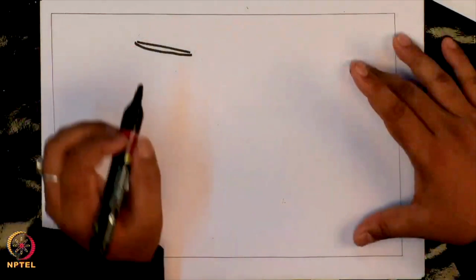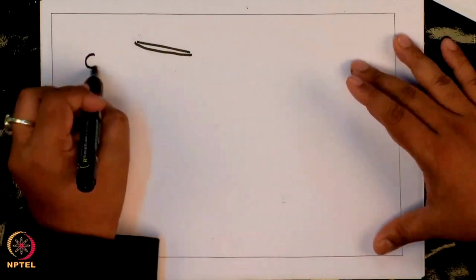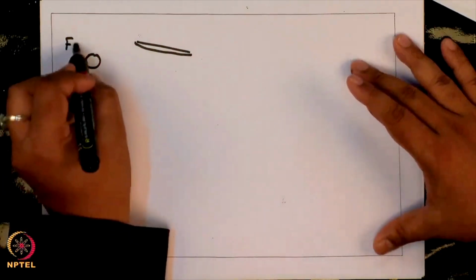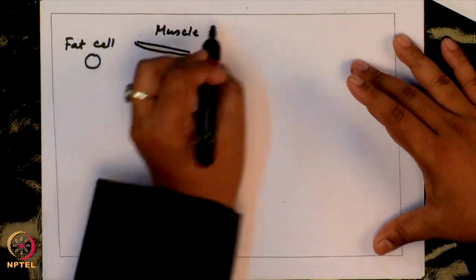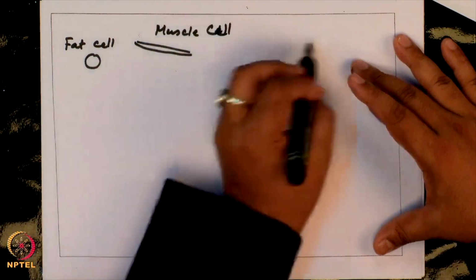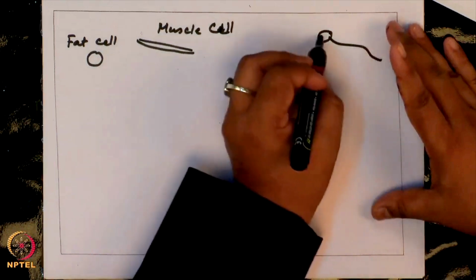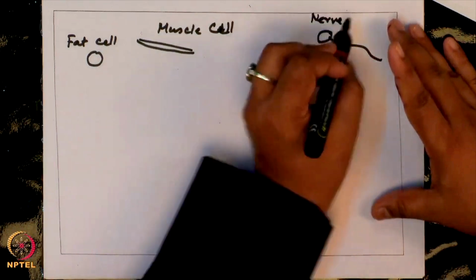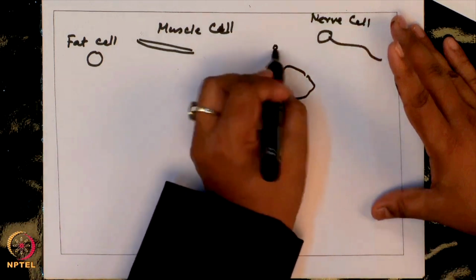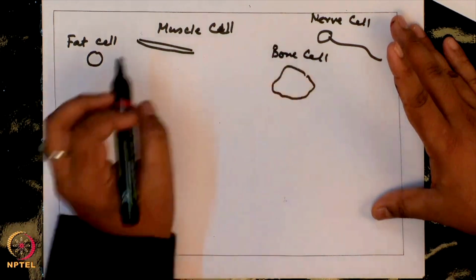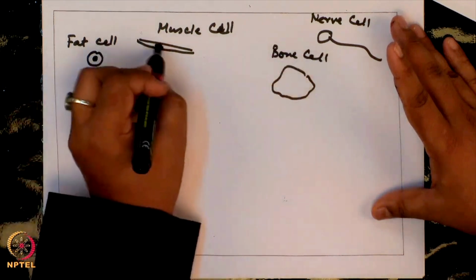Now, typically if you look at all these different cell types, a muscle cell is more elongated, a fat cell has this shape, a nerve cell, versus a bone cell, where you have the nuclei at the center.